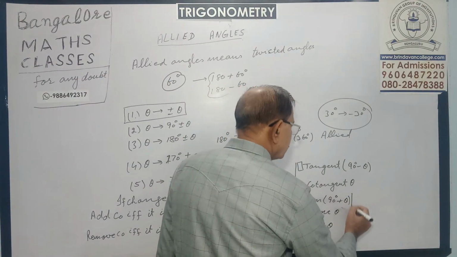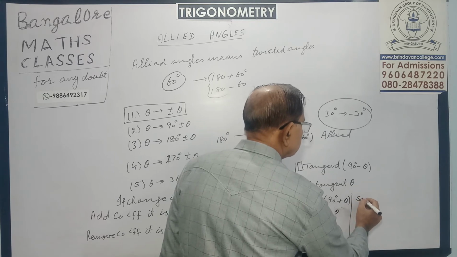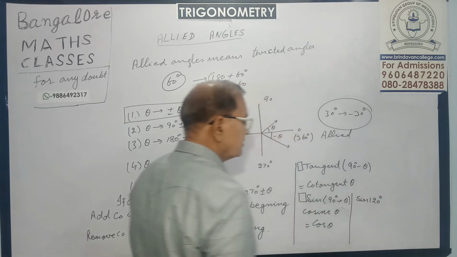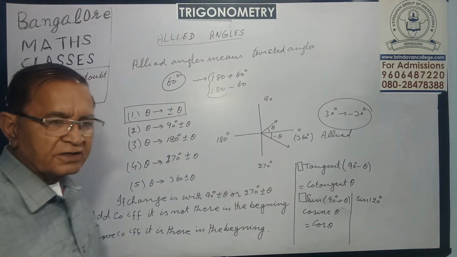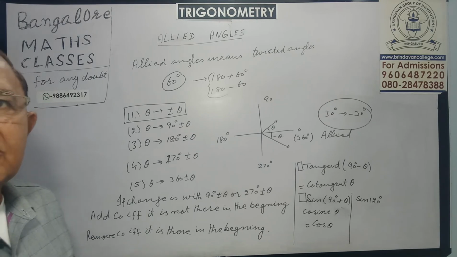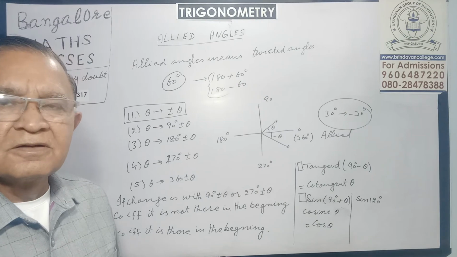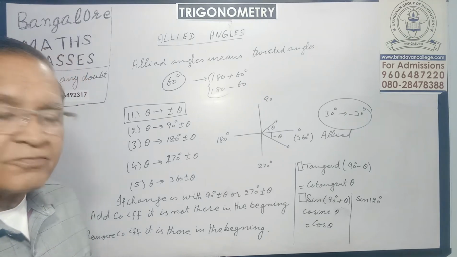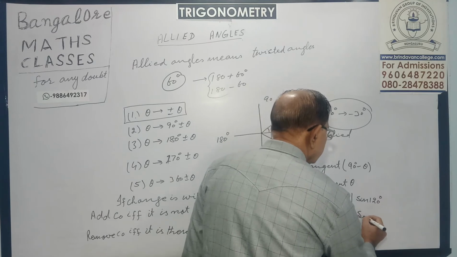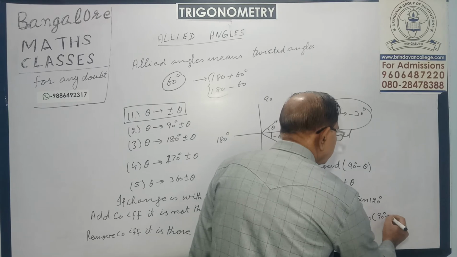For example here, sine 120 degree. I do not know the value of sine 120 degree. We know the values of 0, 30, 45, 60 and 90. 120 I do not know. What will I do? I will write it as sine 90 plus 30.